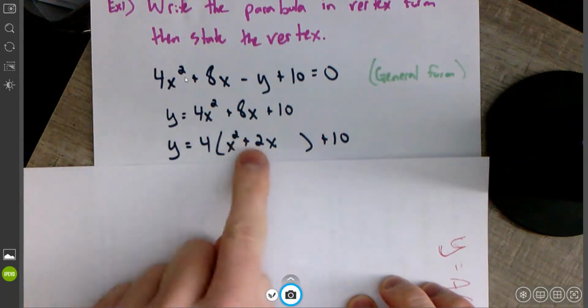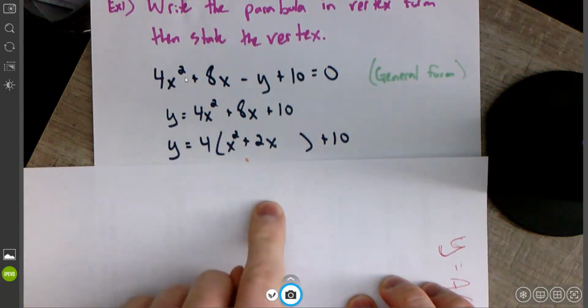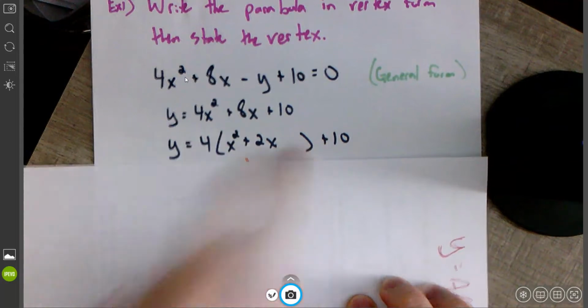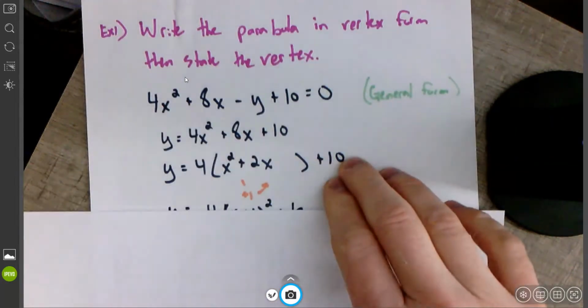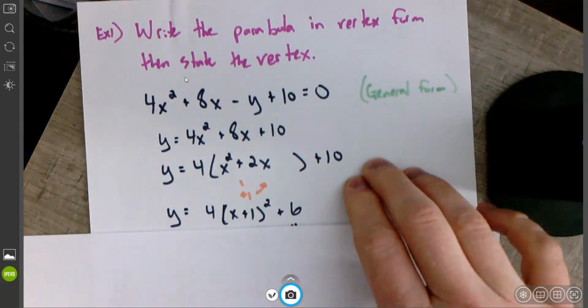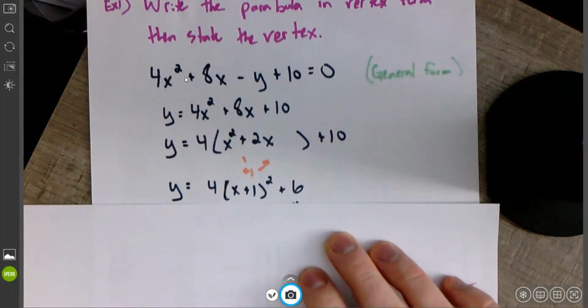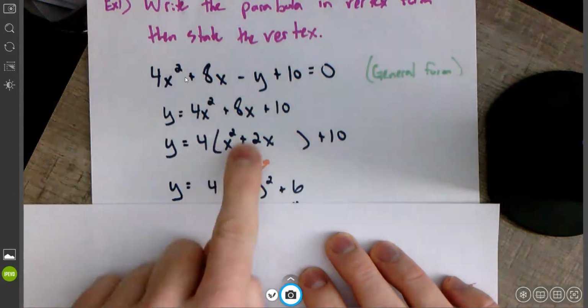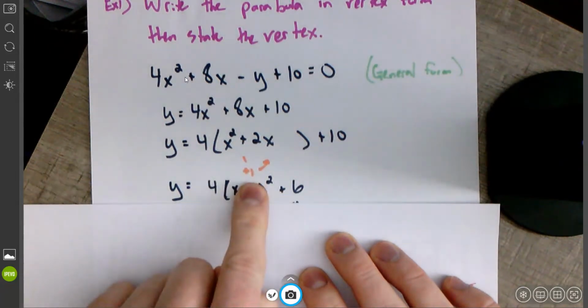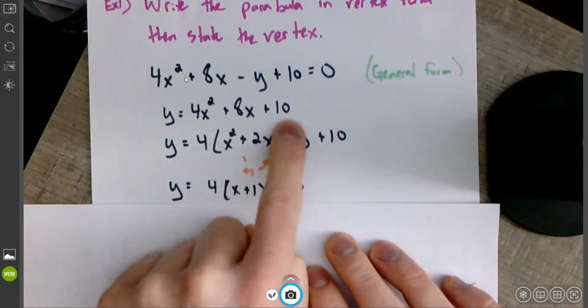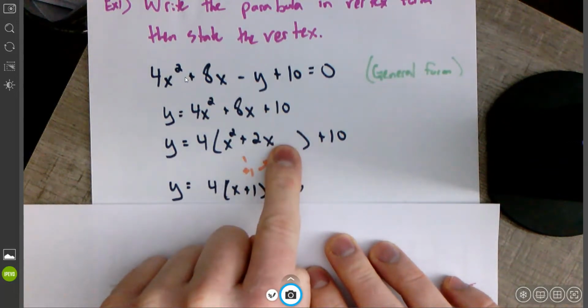Now we play our game. Half of the middle number, which would be 1, squared, which would be 1. After we do that, we would get this. Now I cut some corners here. Let's see what corners I cut, and if you guys can follow along. Otherwise, you guys can show all the steps. Half the middle number is 1. Squared would be plus 1. I would actually place a plus 1 inside of here.